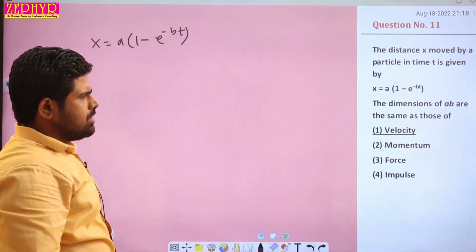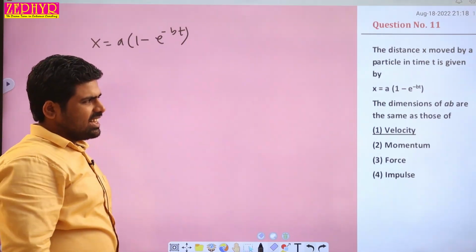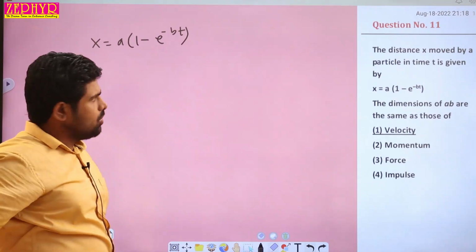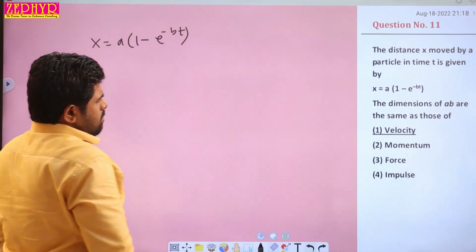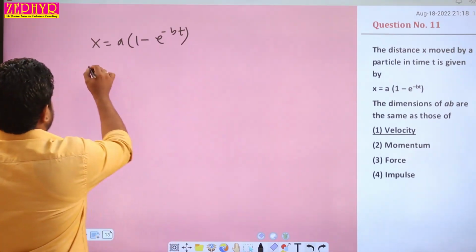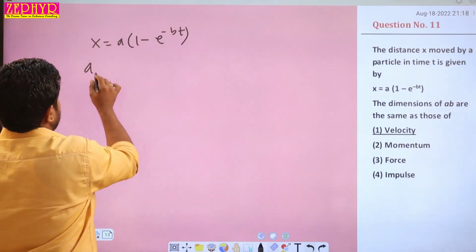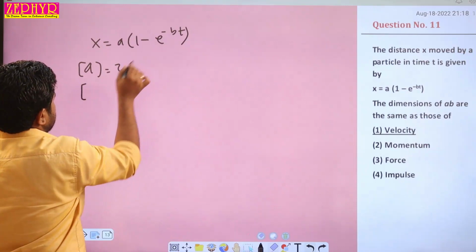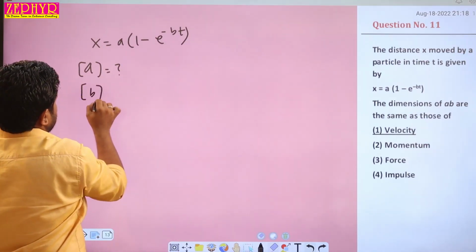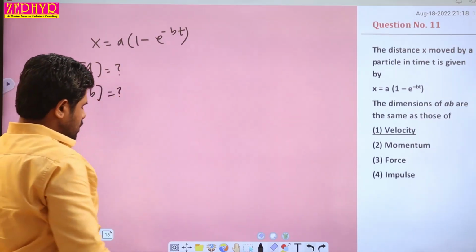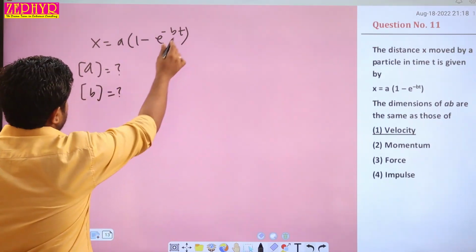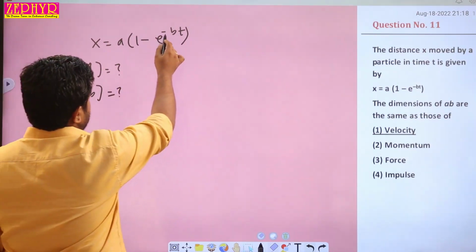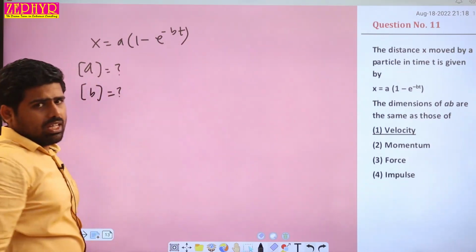The dimension of A, B are the same as those of, okay, the dimension of AB. So what is the dimension of A? No idea. Then what is the dimension of B? No idea.